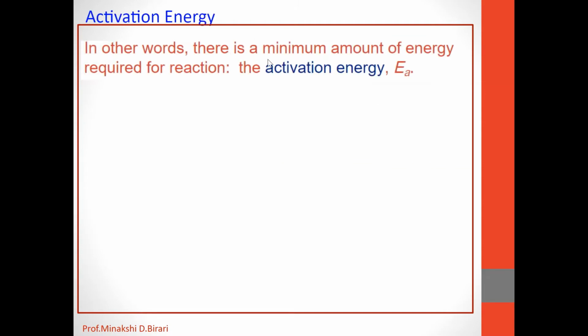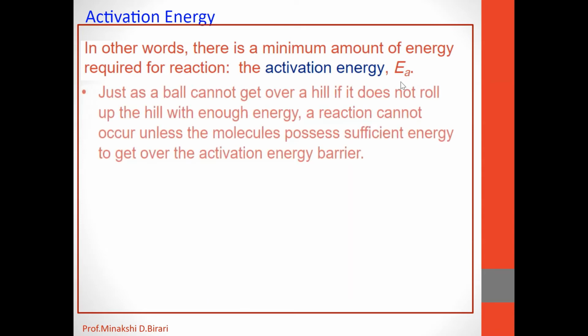Again, that is the minimum amount of energy required for reaction, called activation energy, which is represented by the symbol Ea. Just as a ball cannot get over a hill if it does not roll up the hill with enough energy, a reaction cannot occur unless the molecules possess sufficient energy to get over the activation energy barrier.